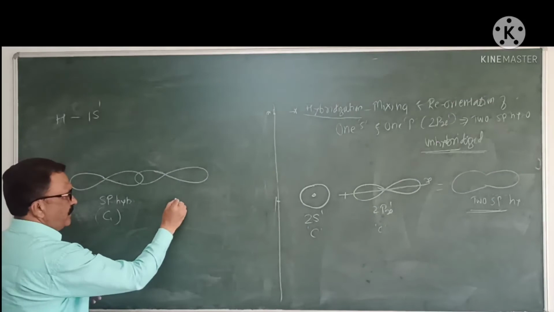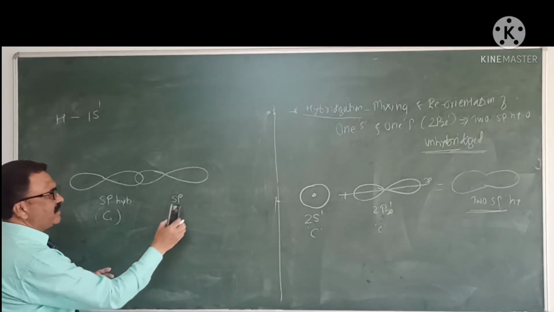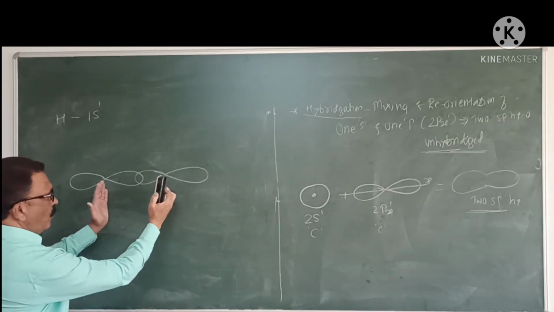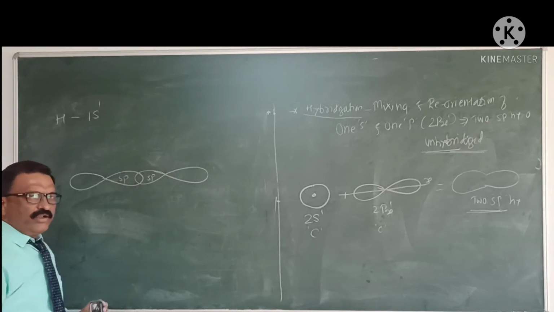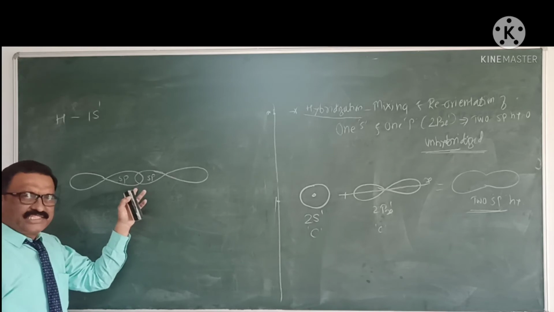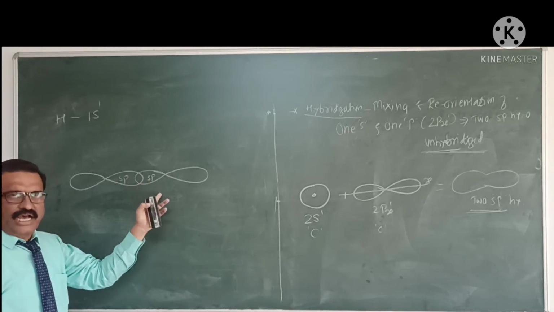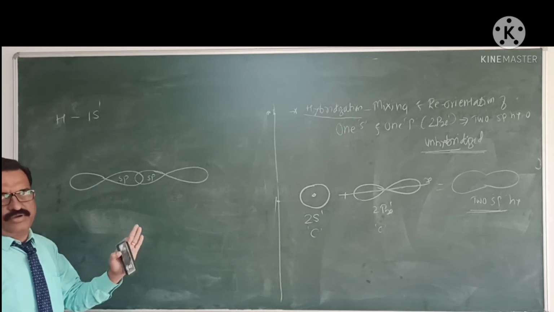This is the sp hybrid orbital of another carbon atom. These both sp and sp hybrid orbitals overlap axially and form a carbon-carbon sigma covalent bond.